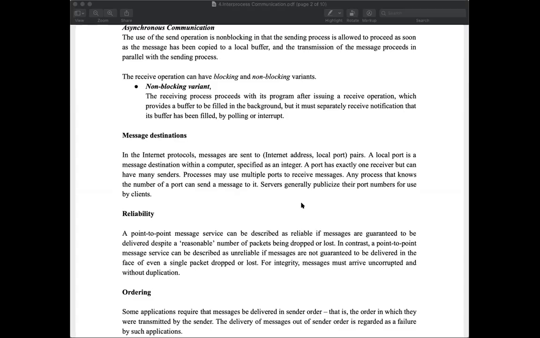In the internet protocols, when you're looking at the computer setup, we have 2 to the power 16 possible ports, right? So the hardware layer supports 2 to the power 16 possible ports, 65,536 or so.